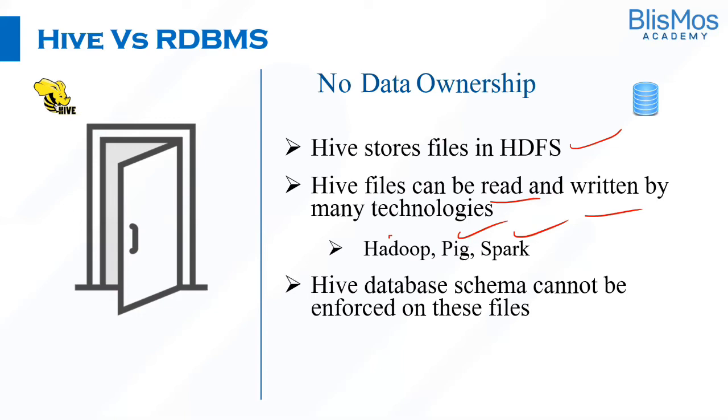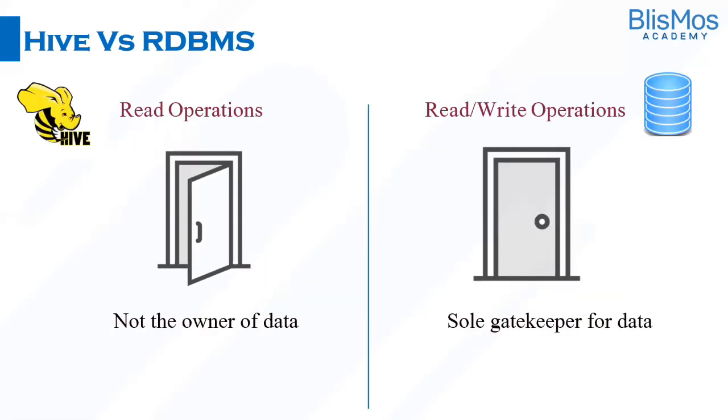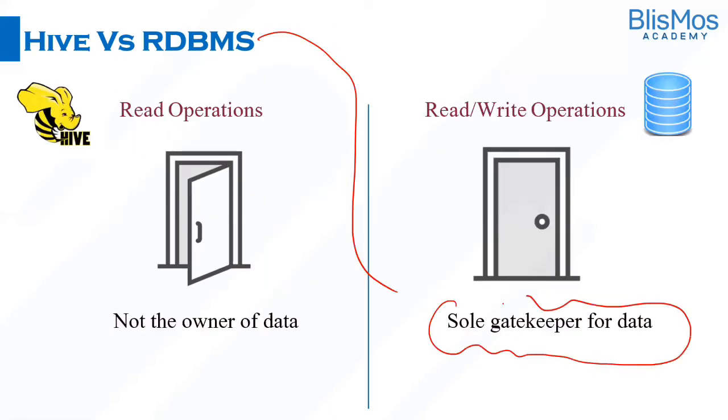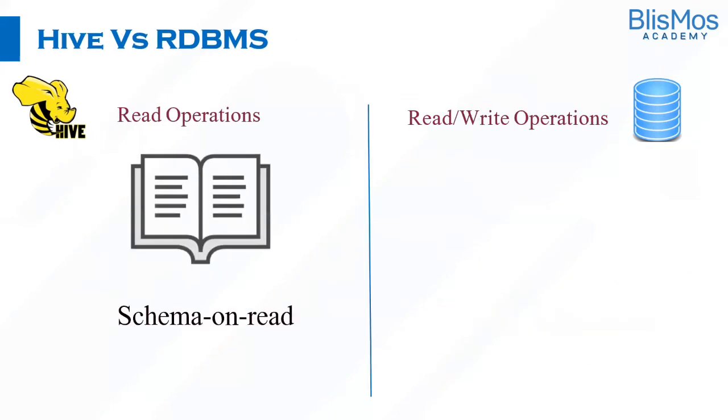Because Hive stores the data in HDFS, Hive cannot enforce the database schema on these files. On the other hand, an RDBMS system is the sole gatekeeper of the data. What does it mean? It controls the data. Nobody can touch the data without its permission.